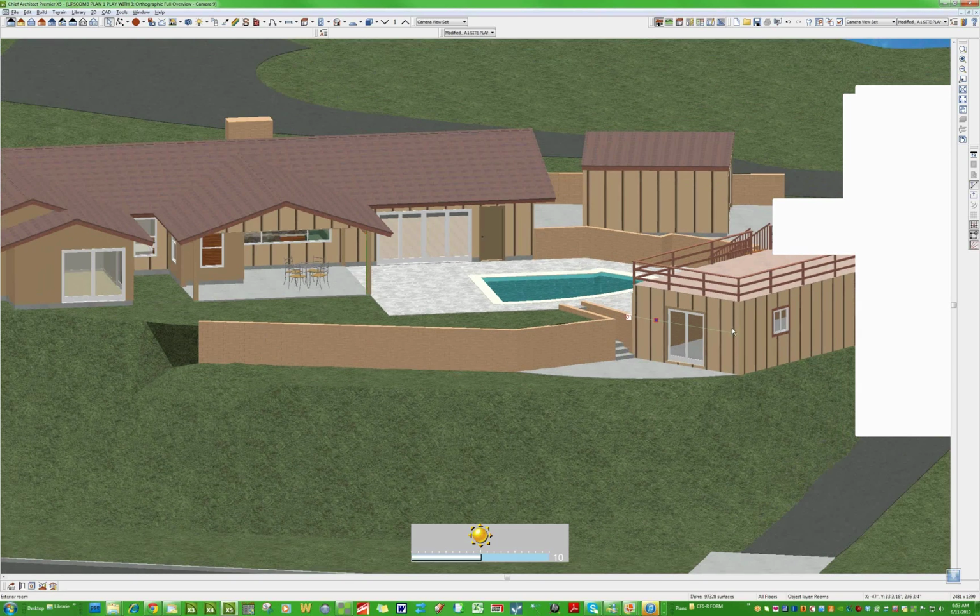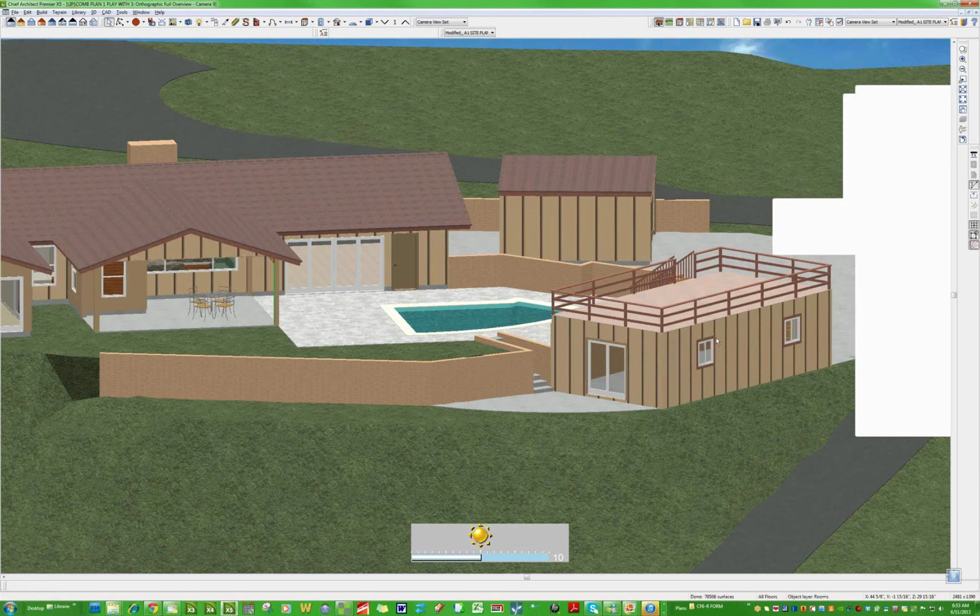I almost didn't draw this. This is some kind of an accessory building over here. I put the deck on level 1, and that meant my slab or foundation was on level 0. Well, this is a mono slab, and with a mono slab, you know, the scoop. These walls right here are on level 1.